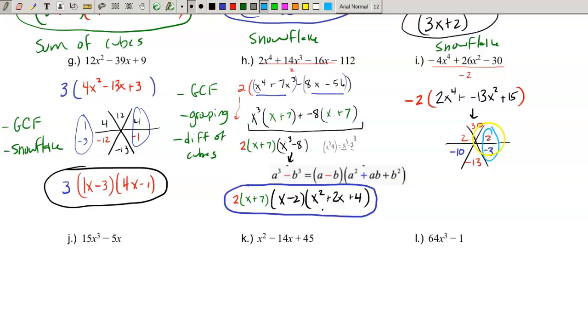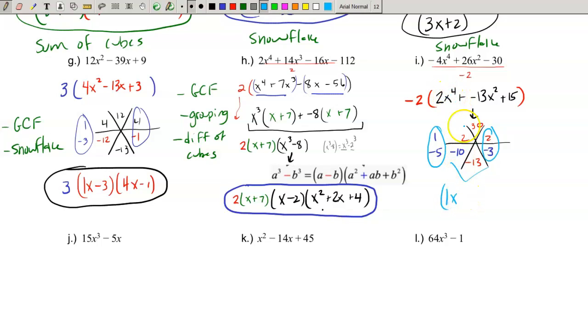We have 2 over -3. We can't reduce that column. This one we can divide because we can divide a 2 with both of these numbers. So this would become a 1 over -5, and so that column becomes this. So my snowflake method then expands to 1x minus 5.